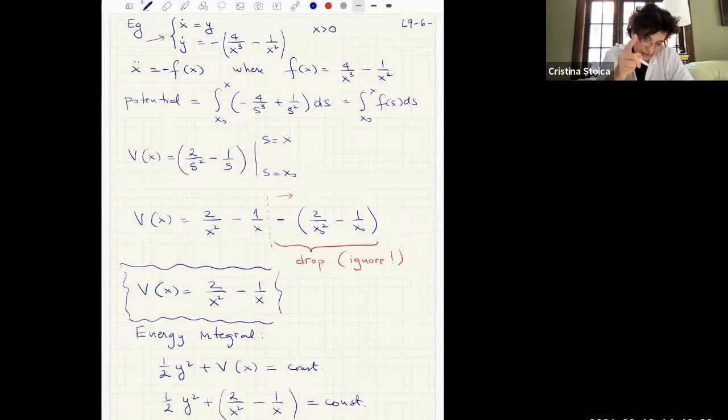To correct this without changing whatever follows, we're going to leave this as it is, but change this one to plus. And then f of x.